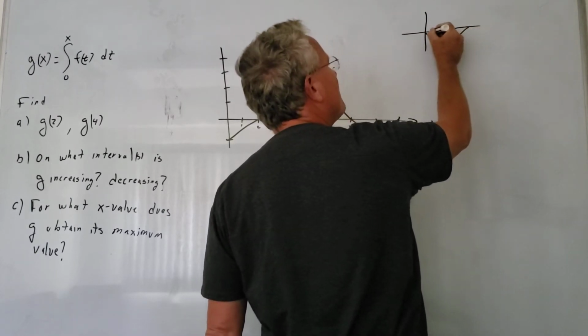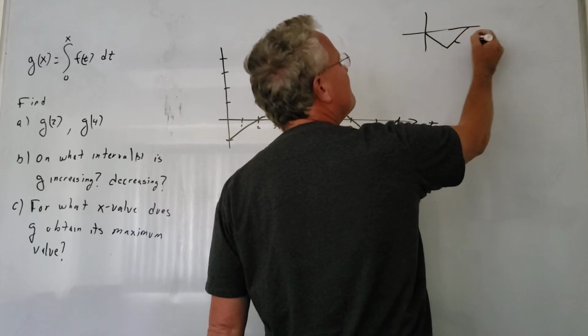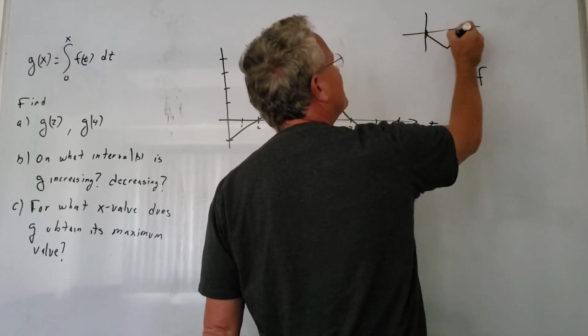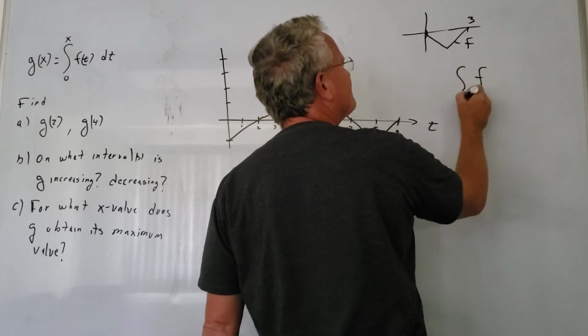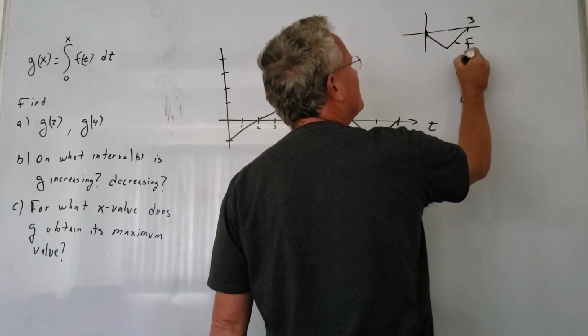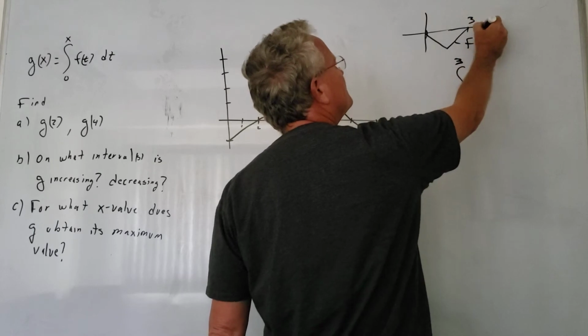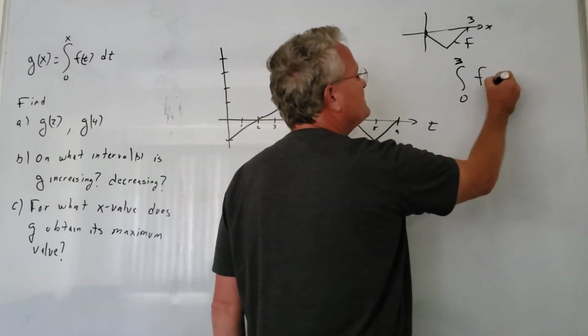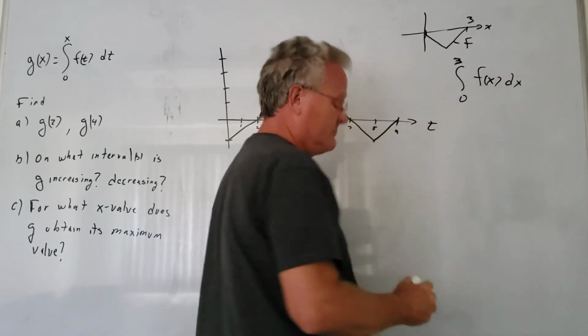If this is our function here, some function f, the integral of f, let's say this is 0, let's say this is 3, and let's say in this particular example, f is a function of x. So what is the integral of f with respect to x?